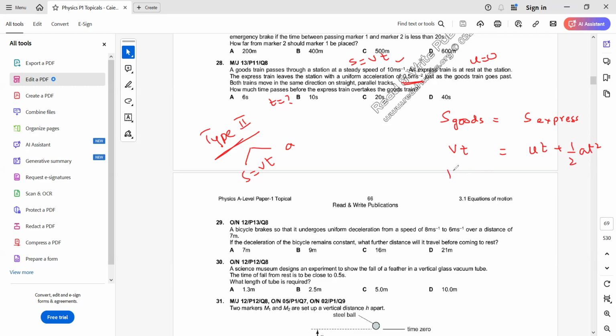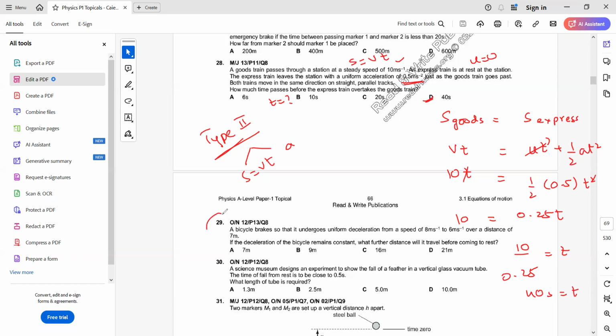I know v is 10, t is unknown, u is 0, and acceleration is given as 0.5. So 10t equals half times 0.5 t squared. Let's cancel t, so 10 equals 0.25t. So t is 10 divided by 0.25, which is 40 seconds. That's when they are going to overtake.